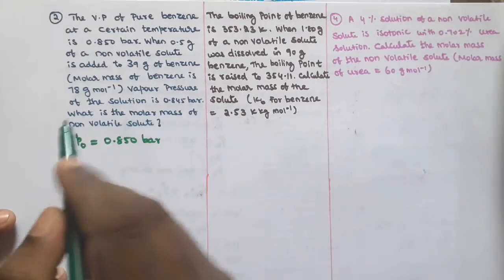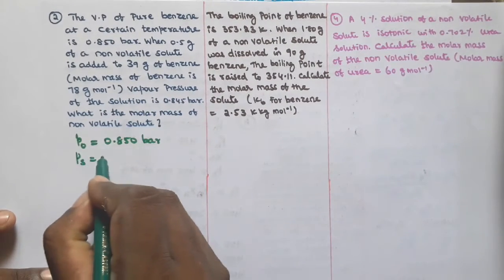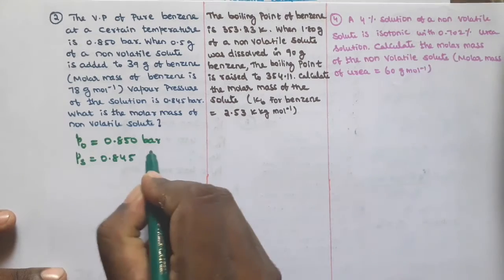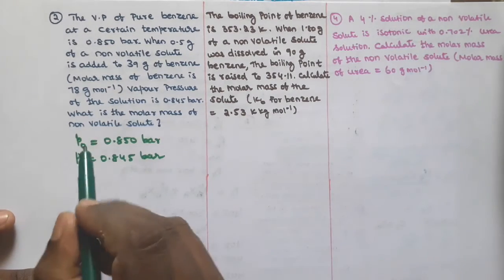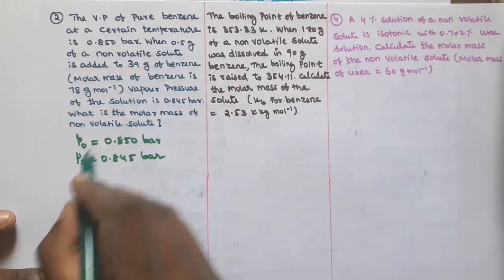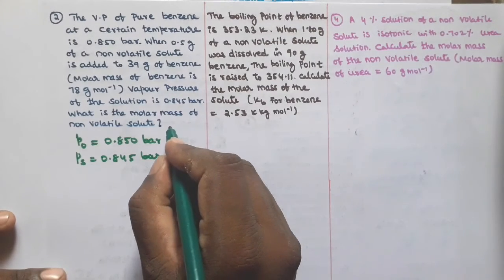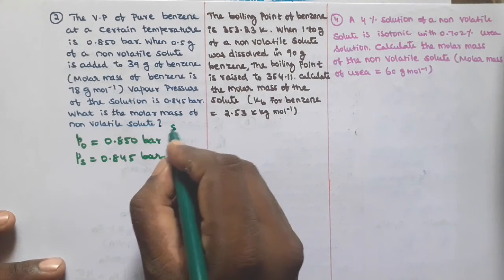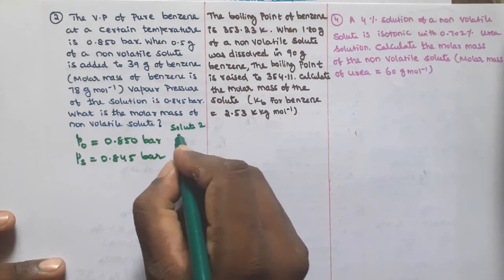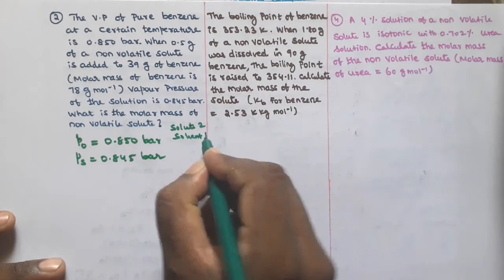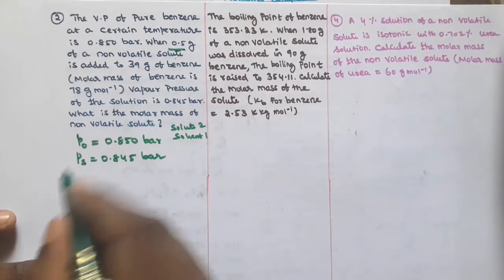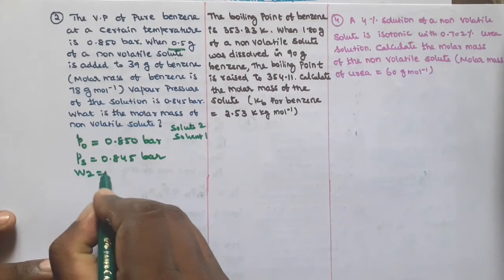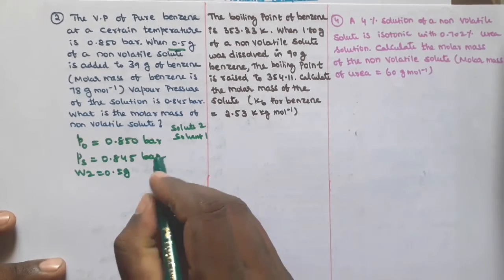The vapor pressure of the solution, Ps, is 0.845 bar. I am taking the solute as 2 and the solvent as 1, which means the weight of the solute W2 is 0.5 grams.